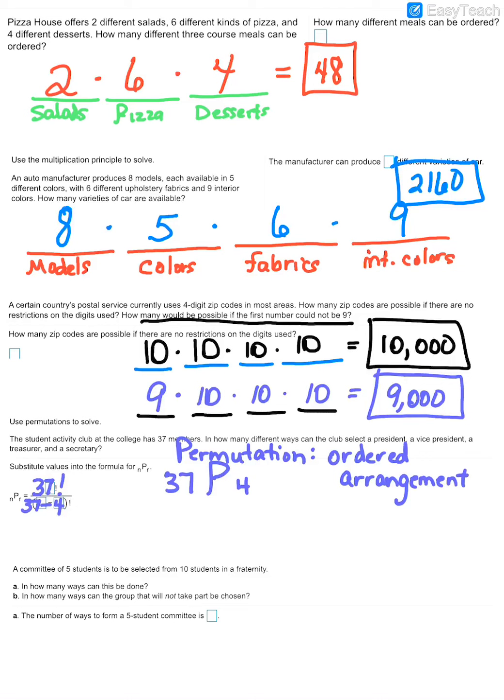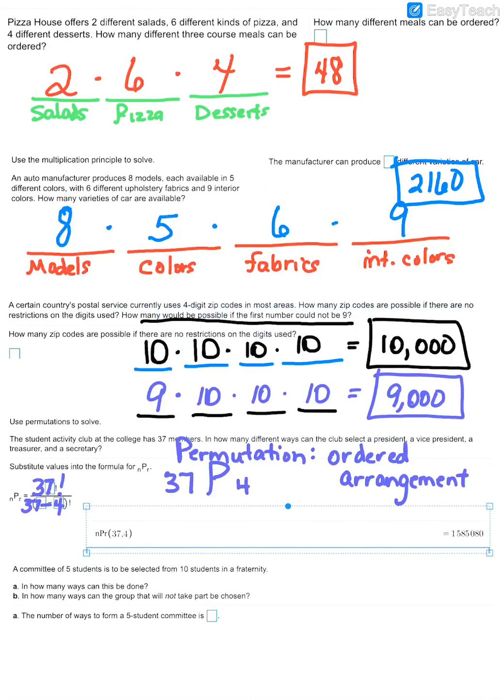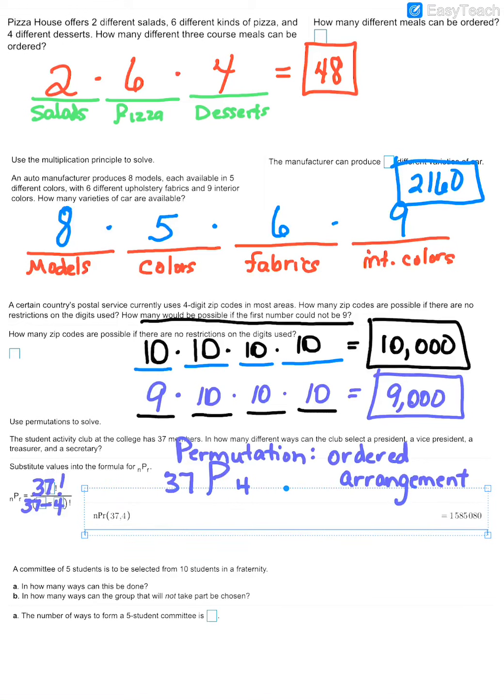And then you could punch that out on your calculator with that formula, or most calculators already have a permutation key. And so I'm showing you the one from my Desmos Scientific Calculator, and you kind of have to know how your calculator expects you to input it.